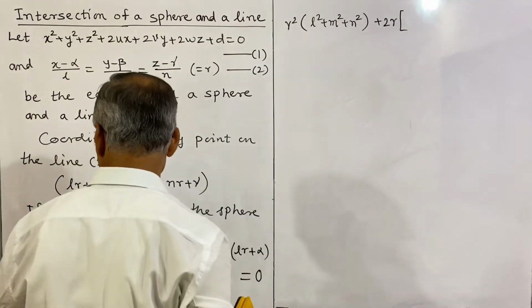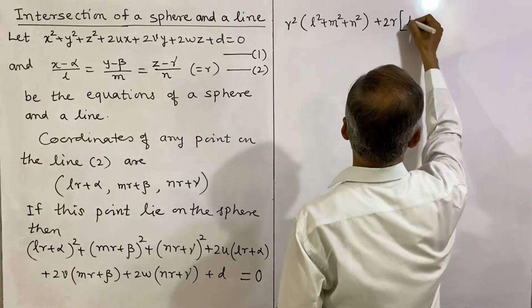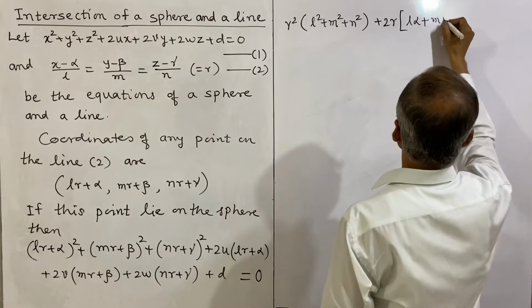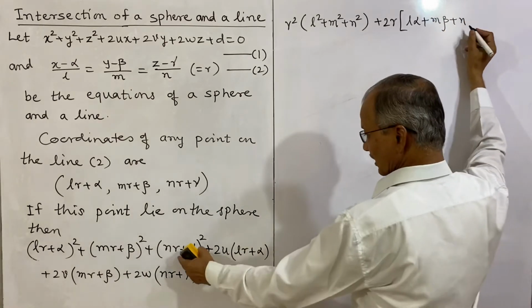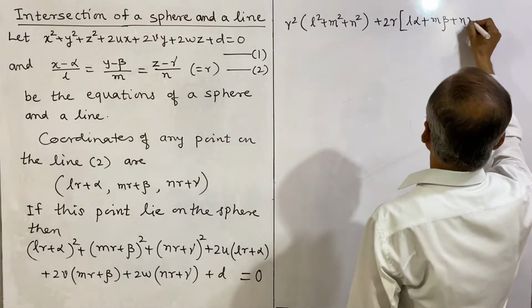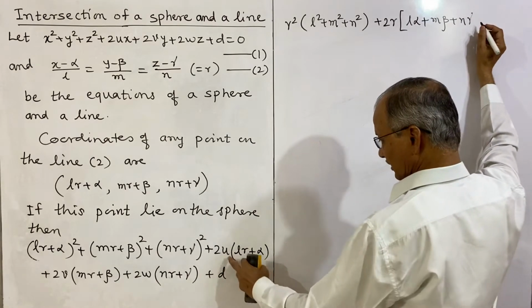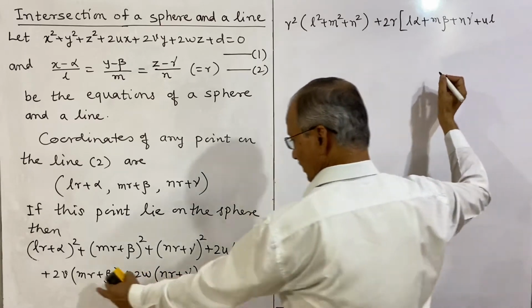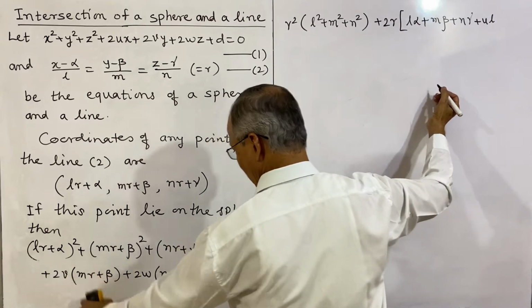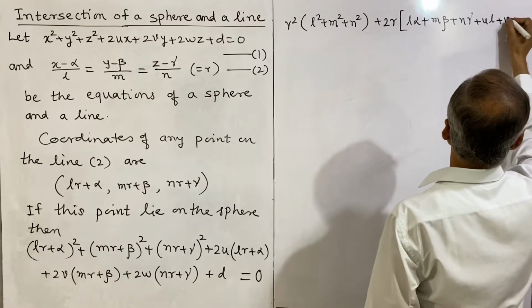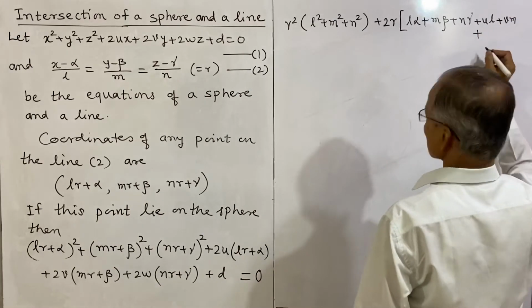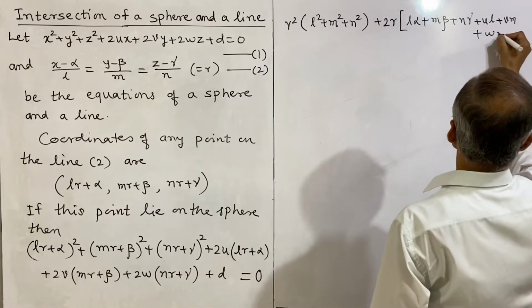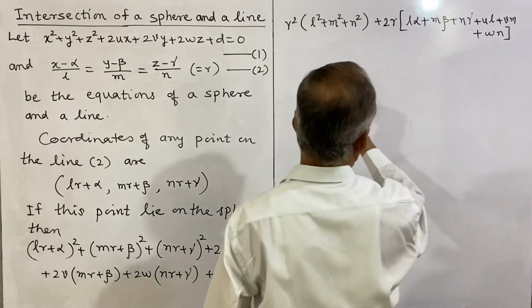So, what is here is 2R L alpha plus M beta plus N gamma, and next 2R is taken common: UL plus Vm, and plus Wn. So, these are the terms of 2R.